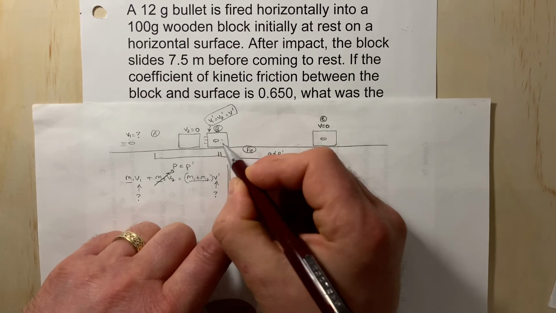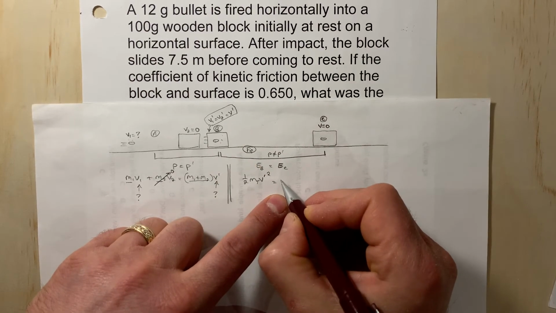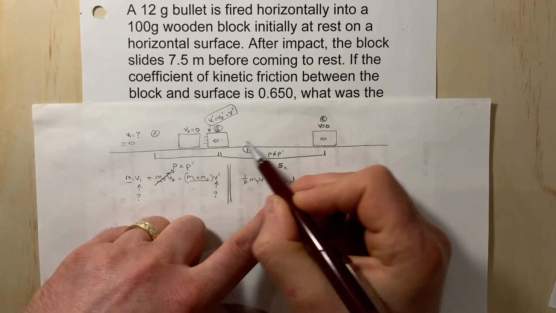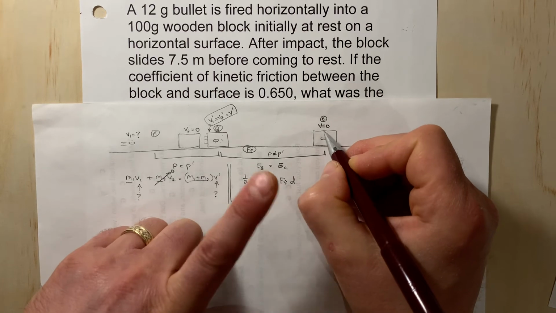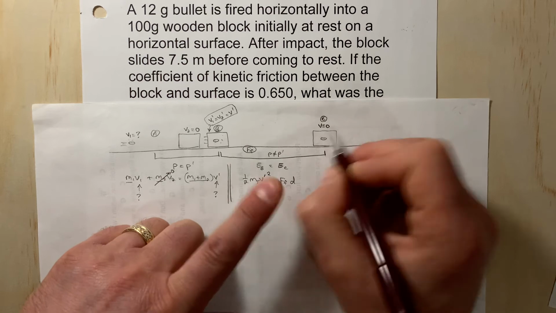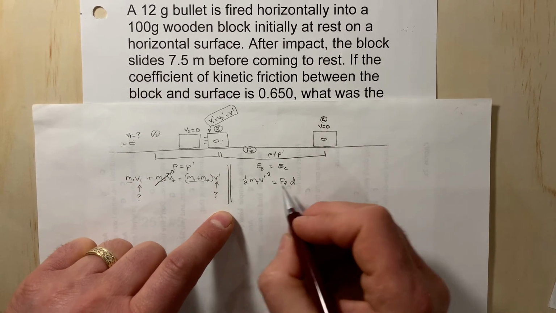On the right-hand side, as the bullet and the block slide together, there's friction acting. So what we've got is some thermal energy, FFD. By the end of it, there is no momentum, no velocity, no kinetic energy. We've got no height, no springs. All we've got is this FFD over here.